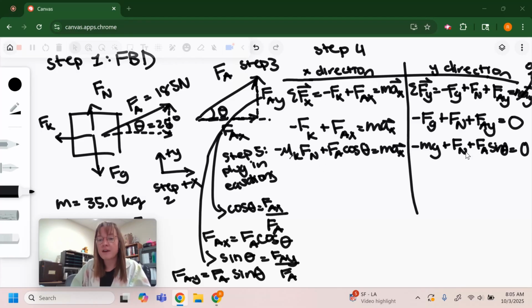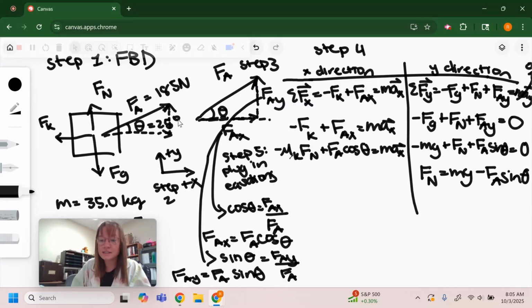So in order to find Fn, I have to go into the y direction. Rearranging in the y direction for Fn gives me mg minus FA sine of theta. Hey, pause here. Does this make sense to you? Do you see that Fn is equal to the weight, mg, minus the y component of FA?